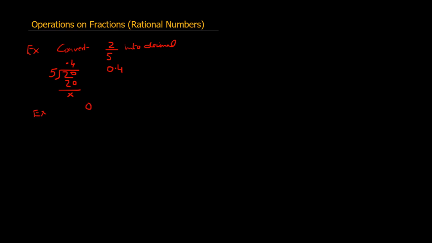Another example, if you have 0.36, convert this to a fraction. Now we have to convert this to a fraction number, a rational number, from this location to here. So how many digits towards the right? There are 2 digits.